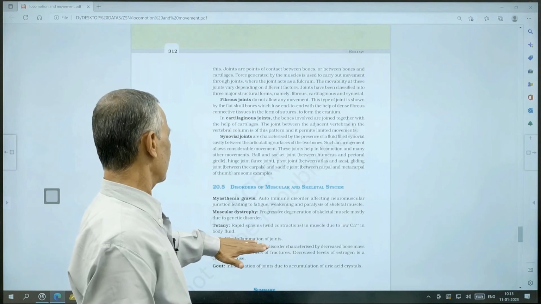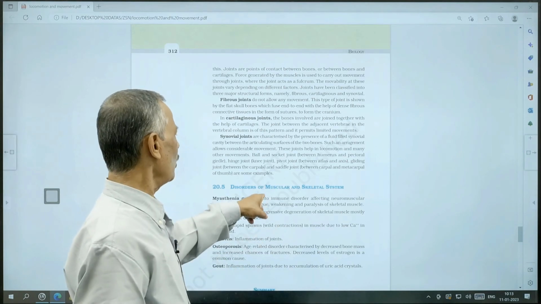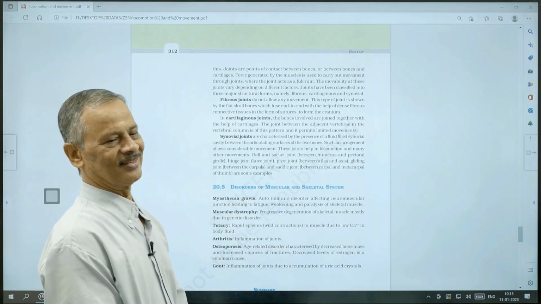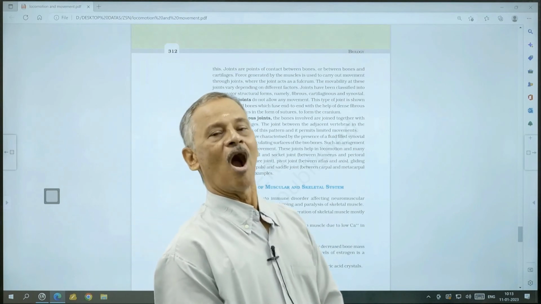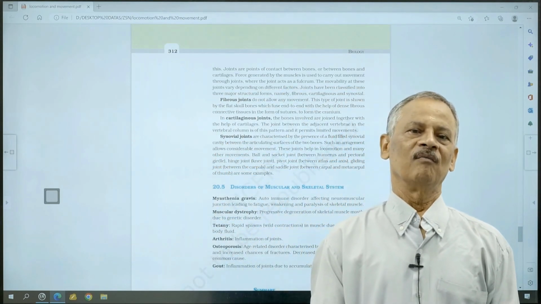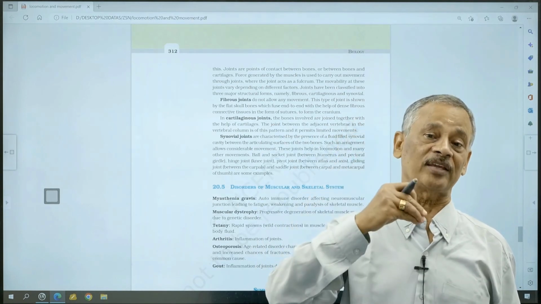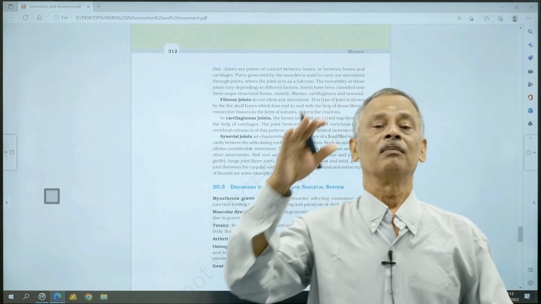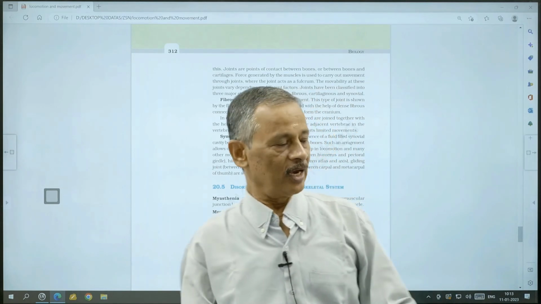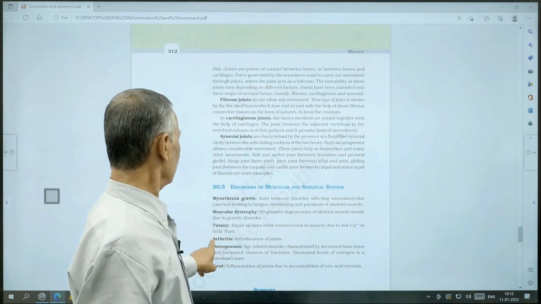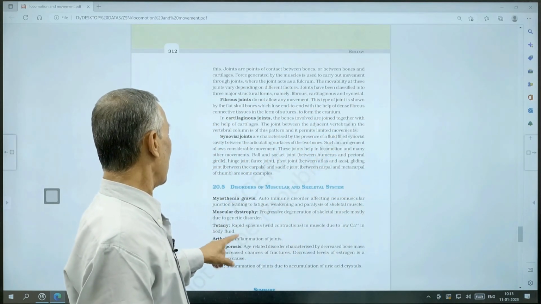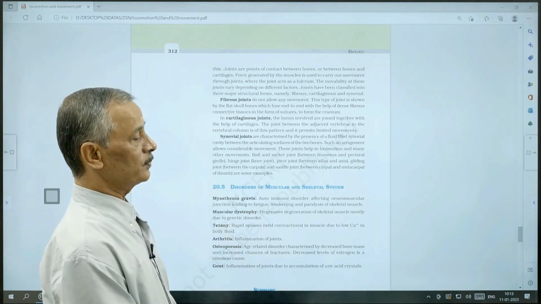This was arthritis. Arthritis is also an autoimmune disease. That's what I was confused. Autoimmune disease is one where our own antibodies are attacking the body tissues. Here in arthritis, you are having three types of arthritis.